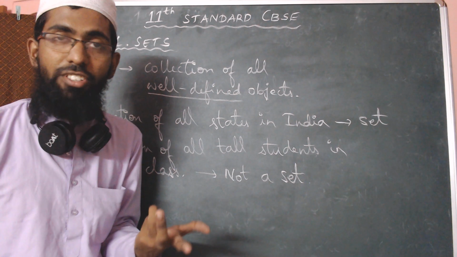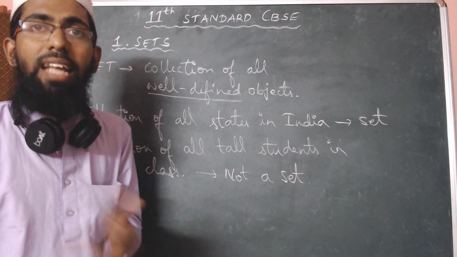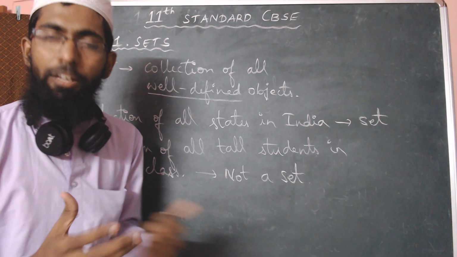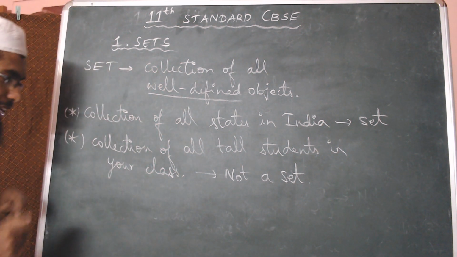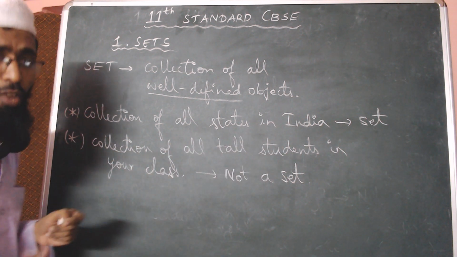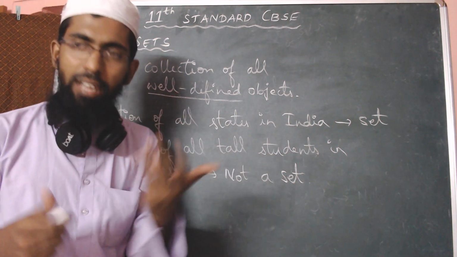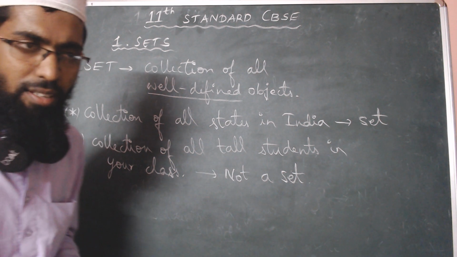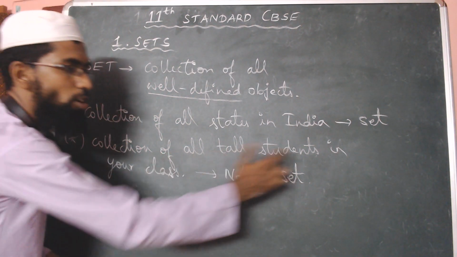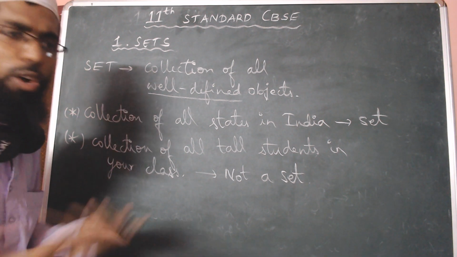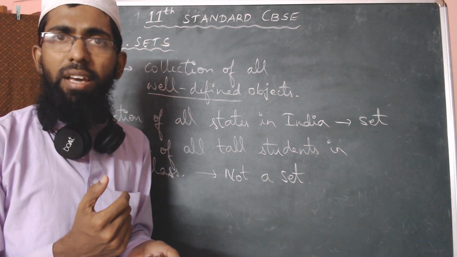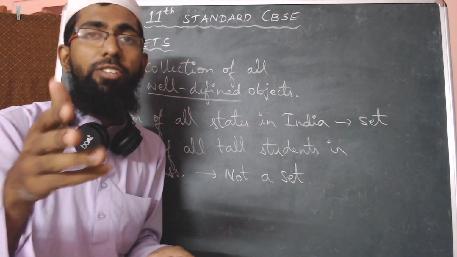But there are some collections where we cannot clearly tell whether an element belongs or not. It will be confusing for us to define. For example, take the collection of all tall students in your class. If you take one student from your class, does he belong to this collection according to the definition? We don't know. It is a confusing statement, because one student will be taller than another, but may be shorter than someone else.